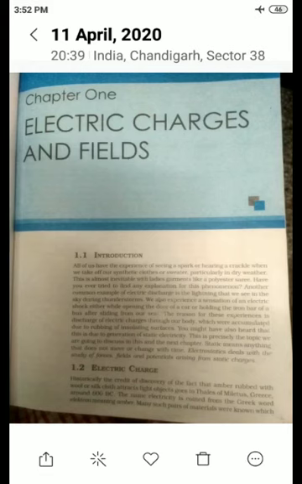Now, let us focus on the concept of charge. The observation that when a glass rod is rubbed with a piece of silk, the glass rod acquires the property of attracting light objects like bits of paper, straw, pith balls, dry leaves, or even dust particles towards it, shows that the glass rod is electrified or charged.